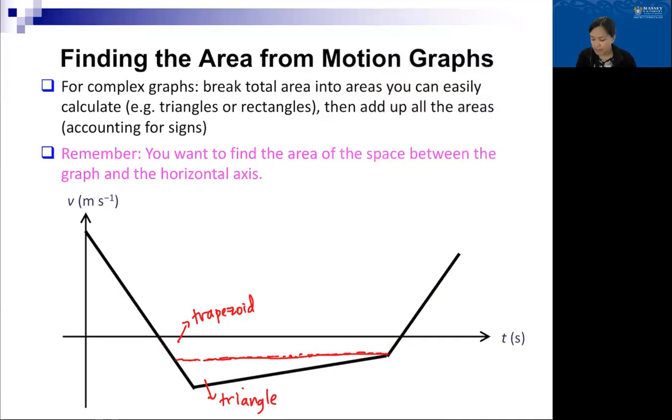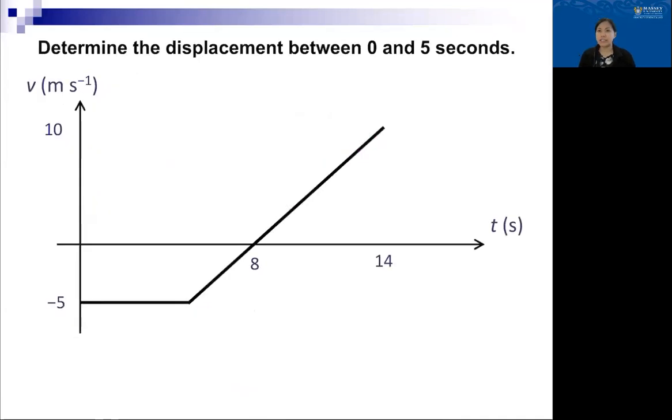All right, then let's move on and look at this example, and now with numbers, and see how we actually find the displacement of the object. So determine the displacement between 0 and 5 seconds. So the first thing, whenever you're given this kind of question or problem, is to check what is the y-axis in your graph.